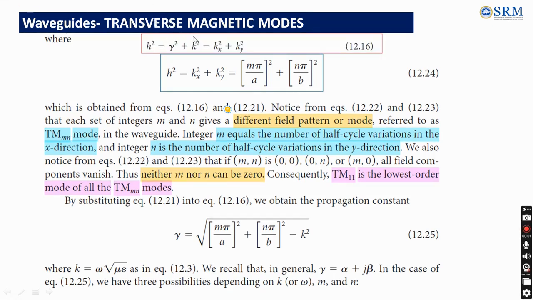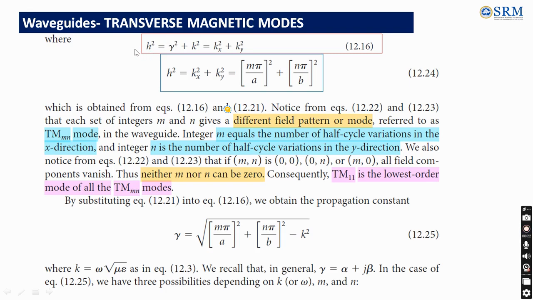From the 16th equation, we know that h square is equal to gamma square plus k square, and that is again equal to kx square plus ky square. So we are going to substitute the values that we got for kx and ky in the 16th equation and find the propagation constant gamma. What is gamma here?